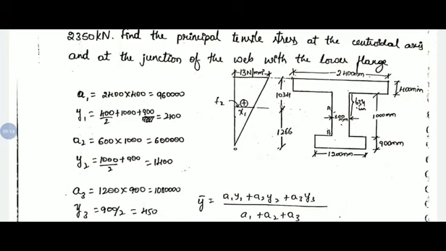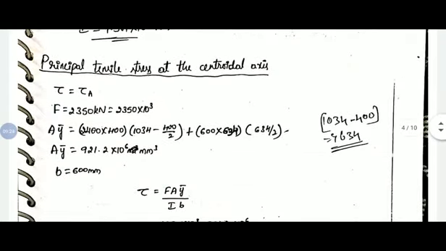So out of 2300, 1266 is the portion below the centroidal axis, and above the centroidal axis we have 1034. For that portion we need to find out the tensile stress.